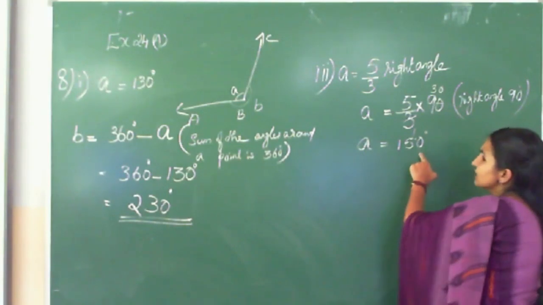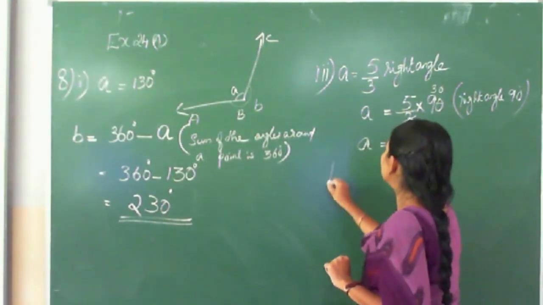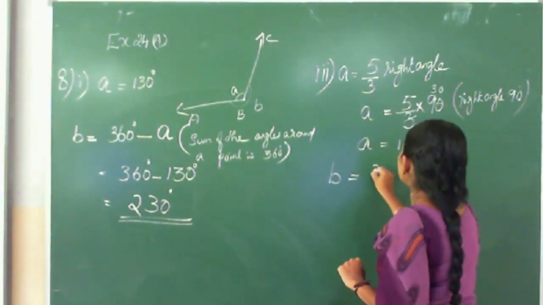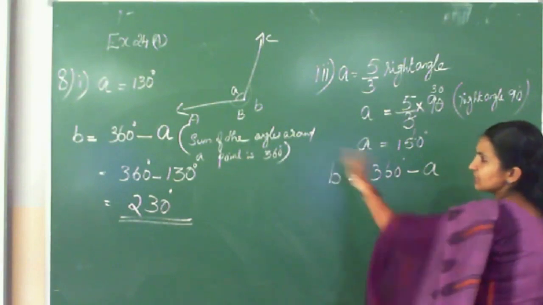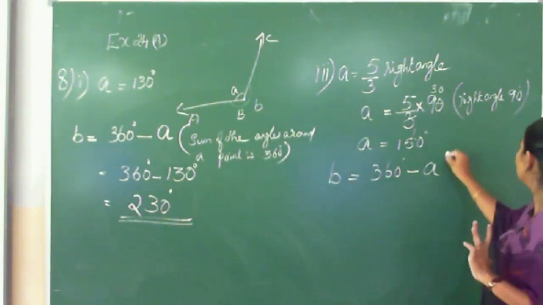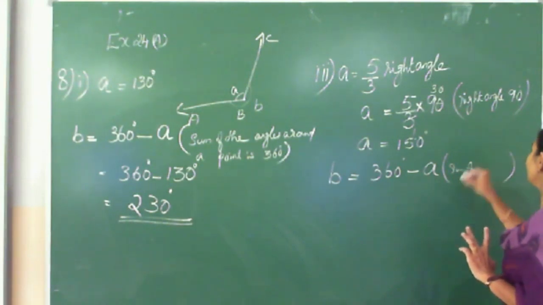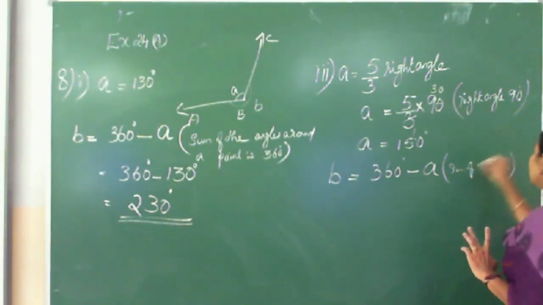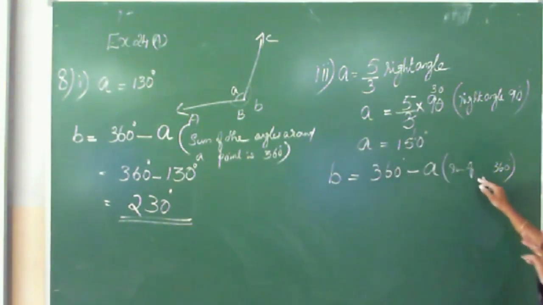If we got A as 150 degree, how can we find out B? The same method, B is equal to 360 degree minus A. If you want, you can write here: sum of the angles around a point is 360 degree.